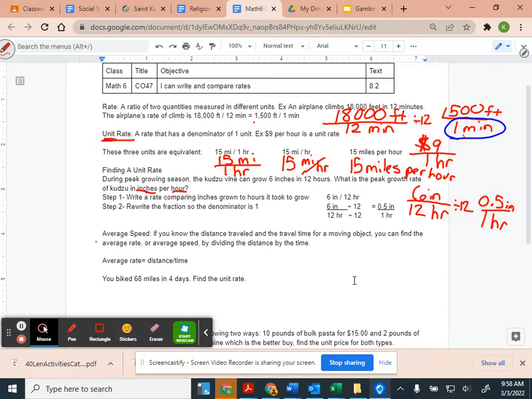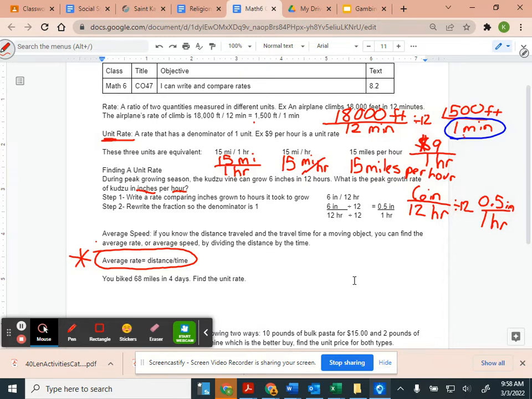So distance goes on top, time goes on the bottom. So we have it right there. Average rate equals distance over time. Put a little star next to it. You need to know that the average speed, the average rate, is distance over time. So let's say you biked 68 miles in 4 days.